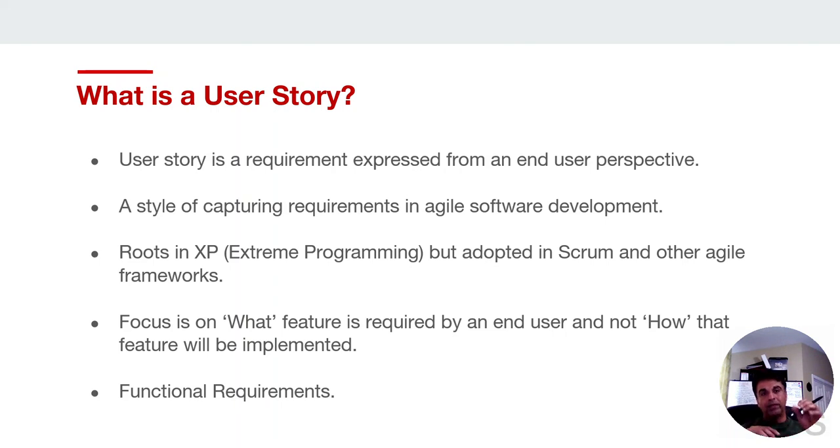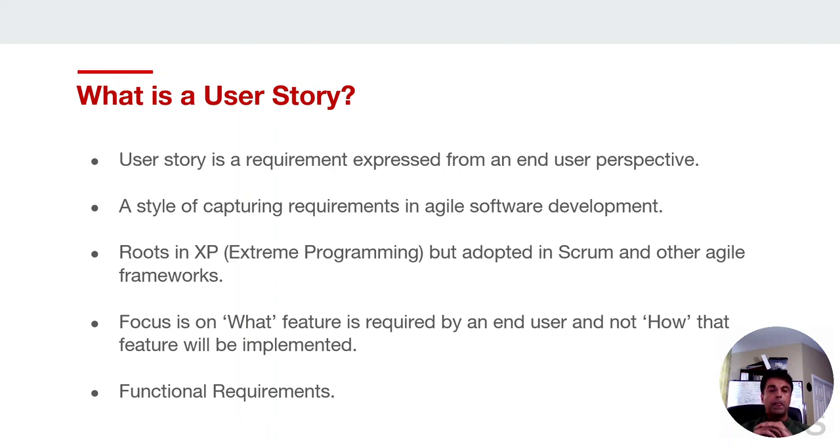So the way we write the requirement in Agile, specifically in Scrum framework, is using a format called user story. This is written from a pure end user perspective. How would an end user use that feature capability? We write from that perspective. As I said, it's a style of writing or capturing requirements in an agile software development environment.